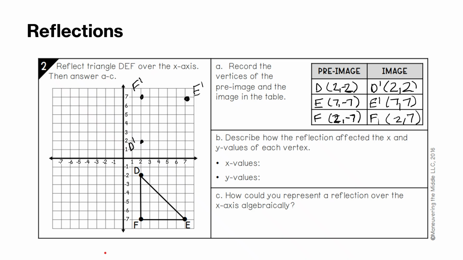So to describe how the reflection affected the x and y values, we'll look at the x values, which now stay the same, while the y values become the opposite sign.